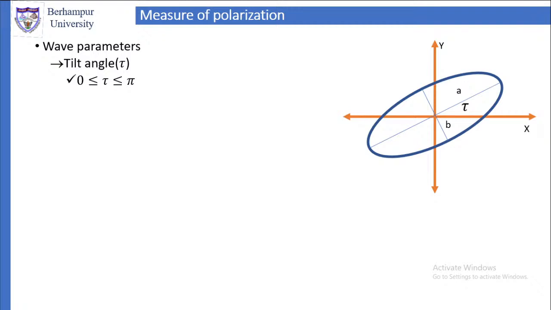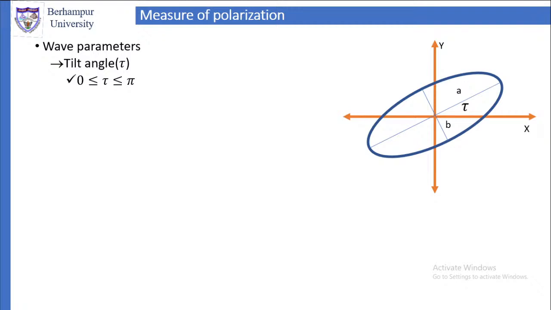Everything about the ellipse can be obtained if we move the tilt angle from 0 to 180 degrees, or pi. Therefore the range of the tilt angle is 0 less than or equal to tau, less than or equal to pi, where tau is the tilt angle.